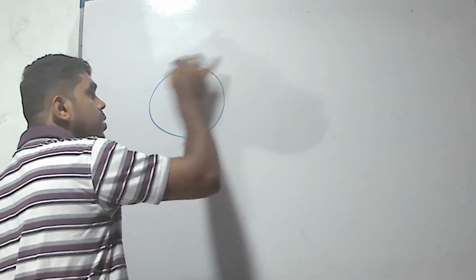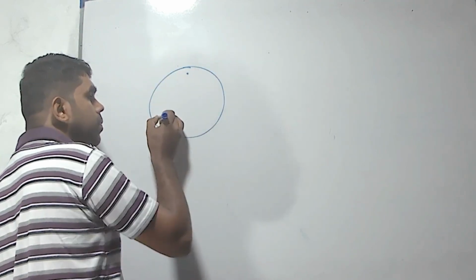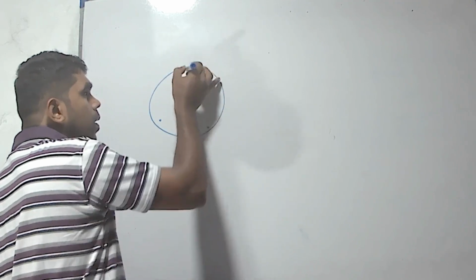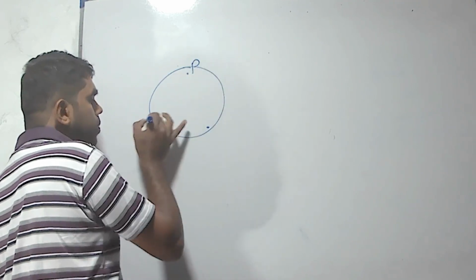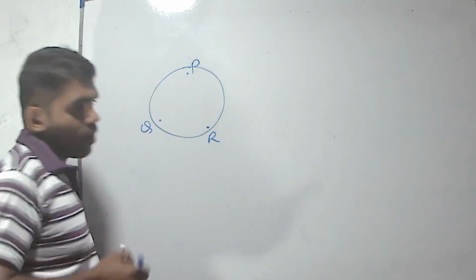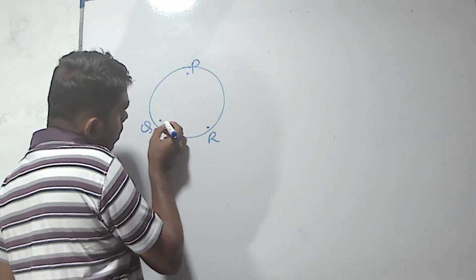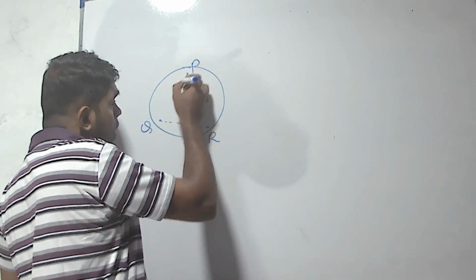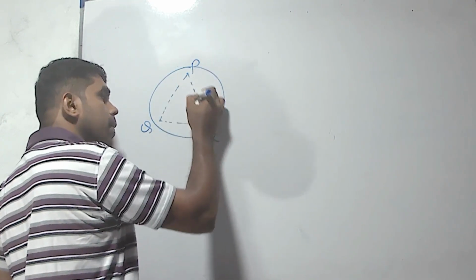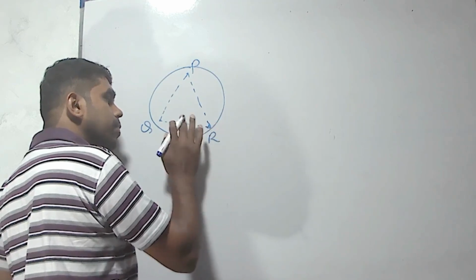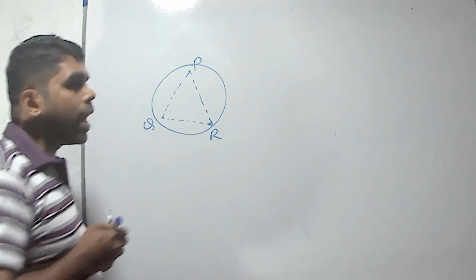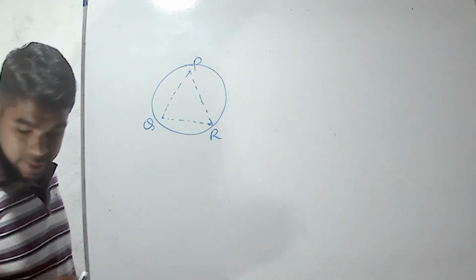There are 3 screws in the prism table, P, Q and R. And these 3 screws are in an equilateral triangle.